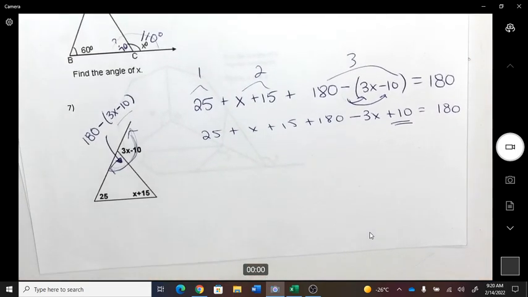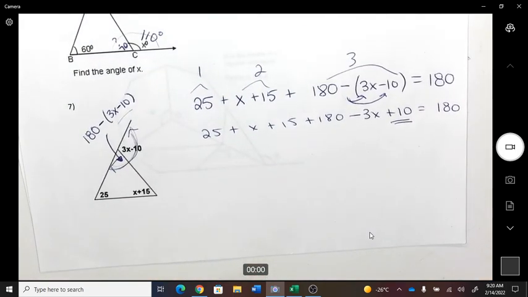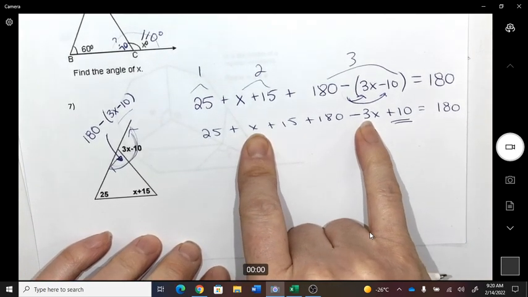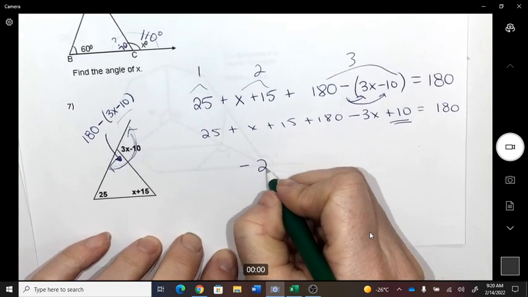So that would be kind of the spot that got tricky for a lot of people. Okay, and then it's just collecting terms with algebra here. So how many x's? I have 1 subtract 3, so negative 2x.